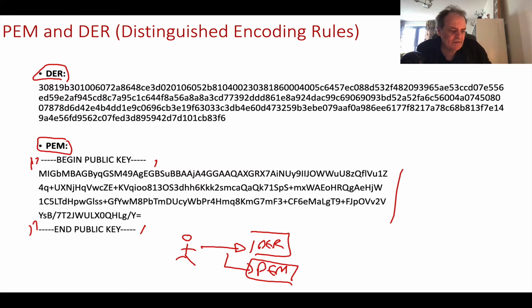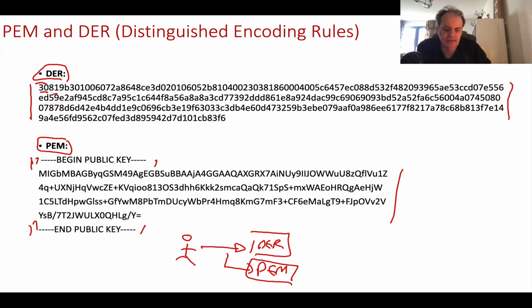The DER format is a binary format, and in this case I've translated the binary format into hexadecimal. So each of these two characters is 1 byte, and what we find with DER is that we start with the 30 there, and you'll find there are a few 30s if you go through the hex stream.